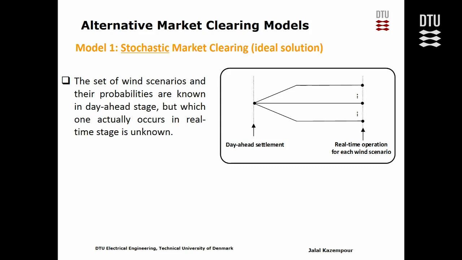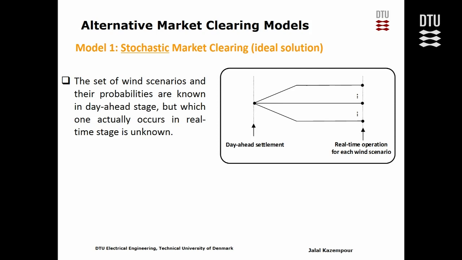So you try to make your day-ahead decisions while you are anticipating the consequences of your day-ahead decisions in the real time. Is it clear? Yes? Question? No? Okay. Should I explain again?